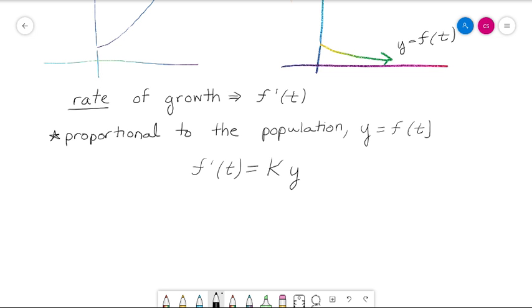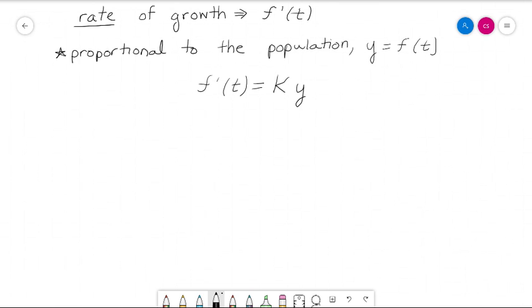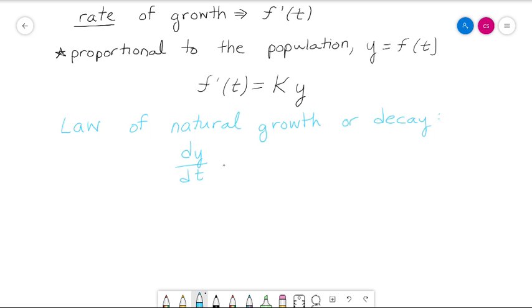So when we're talking about exponential growth and decay, we have the law of natural growth. Natural growth is exponential growth. f prime of t, which is dy/dt, is equal to k times y.